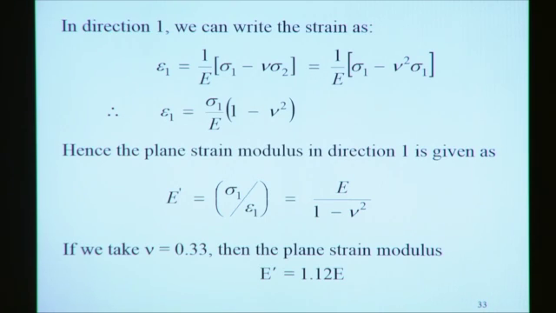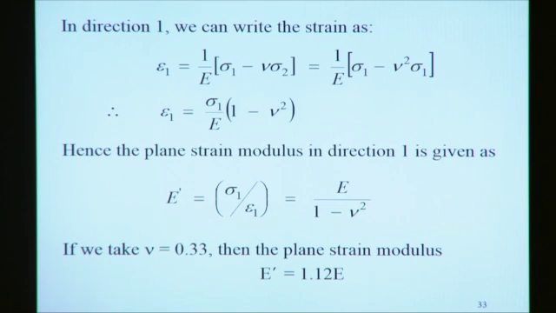So hence the plane strain modulus in direction 1 can also be represented by stress by strain in the specific direction, that means sigma 1 by epsilon 1, which can be represented as E by 1 minus nu square. This effective value can be very precisely evaluated if we know the numerical value of nu.